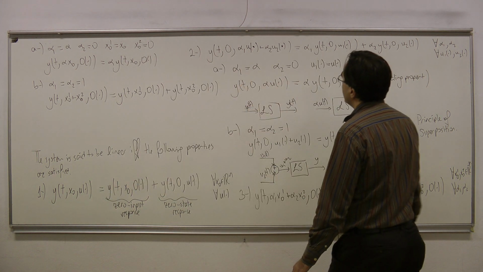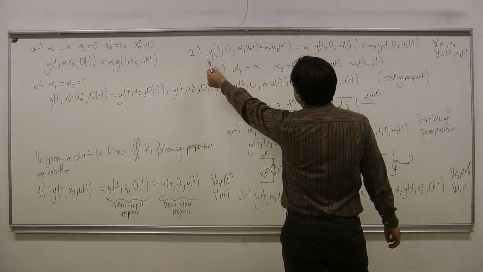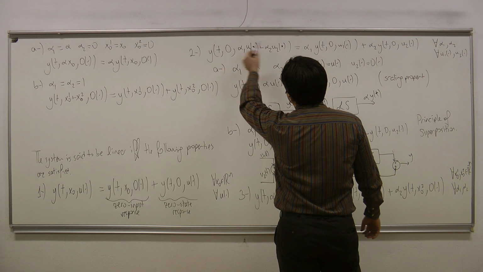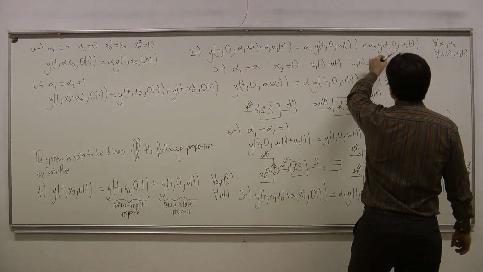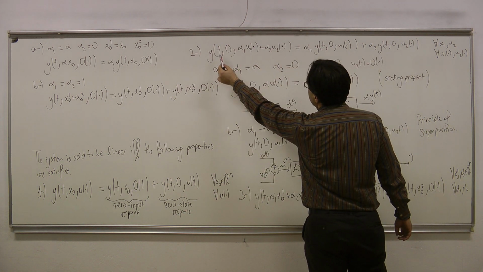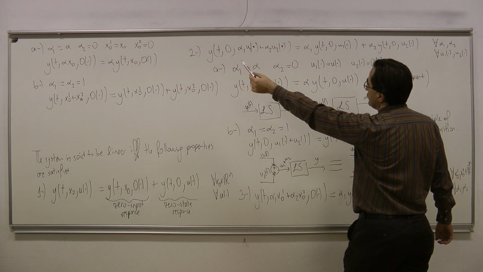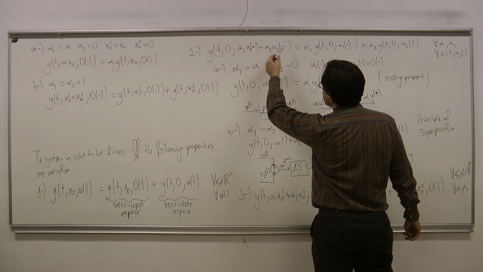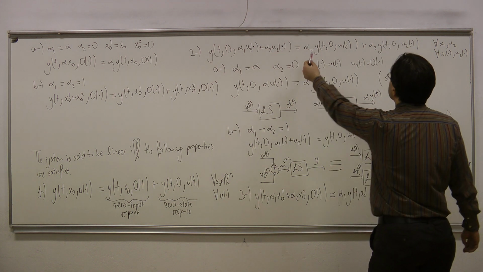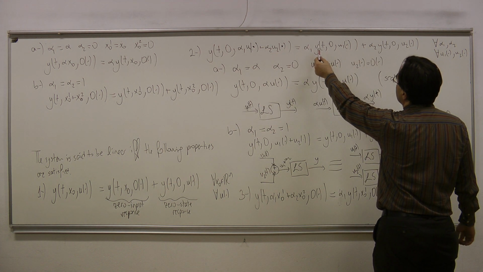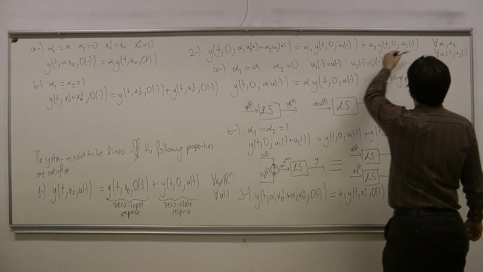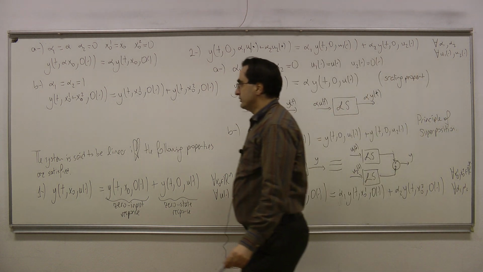The second property is the linearity of the zero state response. With zero initial condition, if you give the system an input that is a linear combination of some input functions, the output is the same linear combination of the individual outputs for these individual input functions.